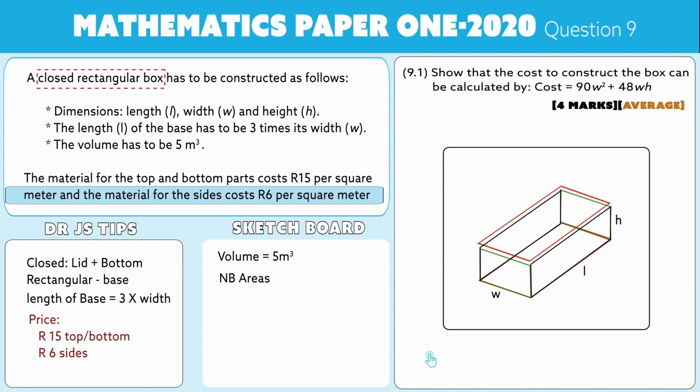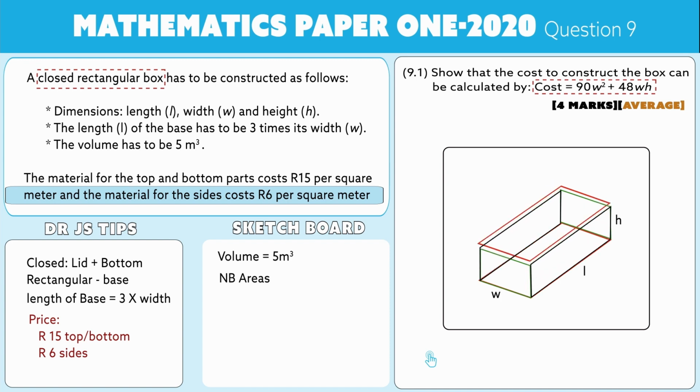Show that the cost to construct the box can be calculated. Now they give us the cost function over here. So let's see. If we open up this box, we have sides that repeat themselves. We have this side at the back and this side in the front. That's one pair. We have the side over there and over here as our second pair.